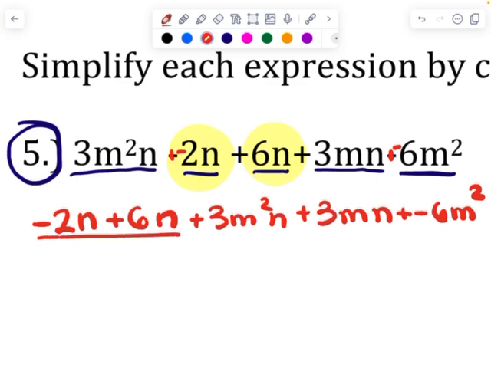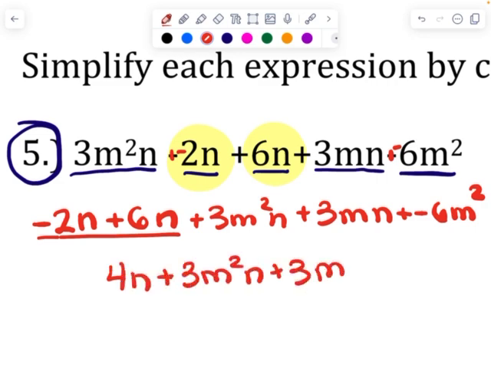So I have like terms next to one another. These are the only 2 terms that I can combine. So negative 2n plus 6n is 4n. And I can go ahead and copy everything else down. And that is the expression simplified.